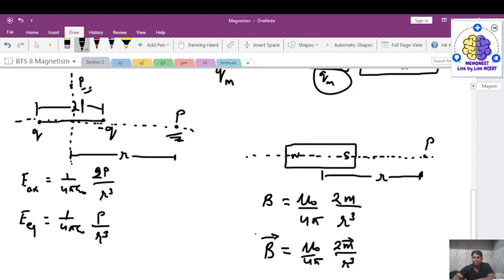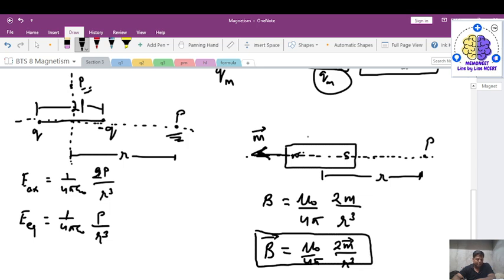This expression tells you that the direction of the magnetic field intensity at point P will be in the direction of the magnetic moment. Now the question arises, what is the direction of the magnetic moment? The magnetic moment is always in the direction of the magnetic field inside the magnet, that is, from south to north.